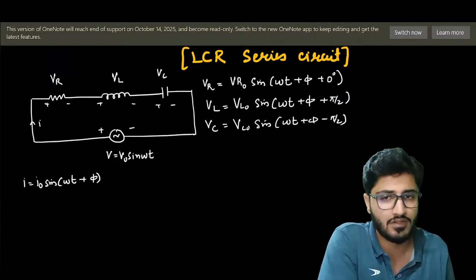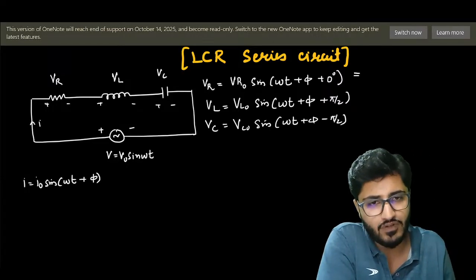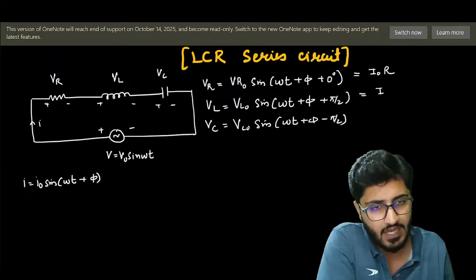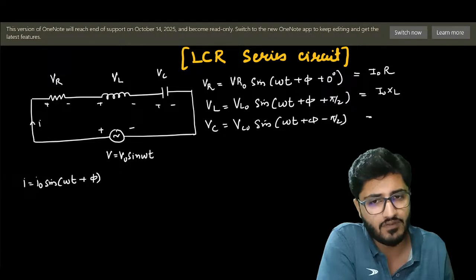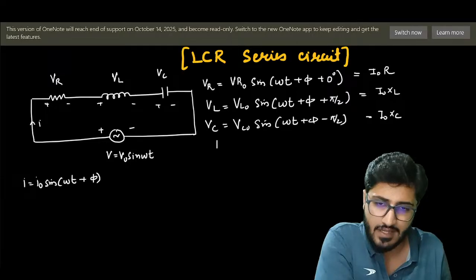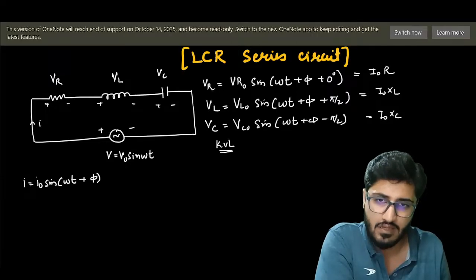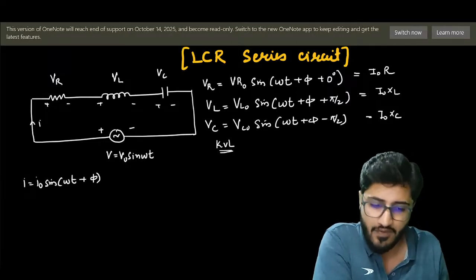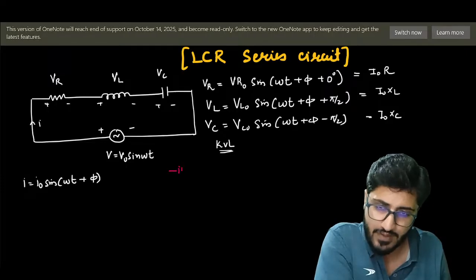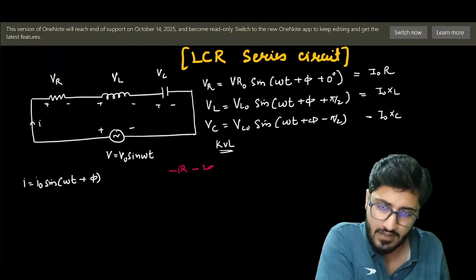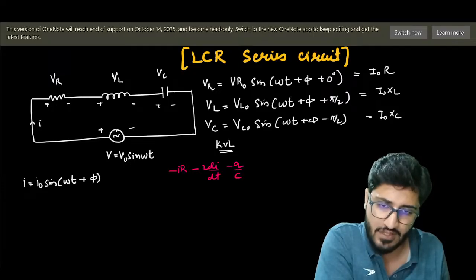Pi by 2, right? So I can write V equals IR, it is I into R. Done. Now let us apply KVL. I will write minus IR minus L di by dt minus Q by C plus V naught sine omega t equals 0.